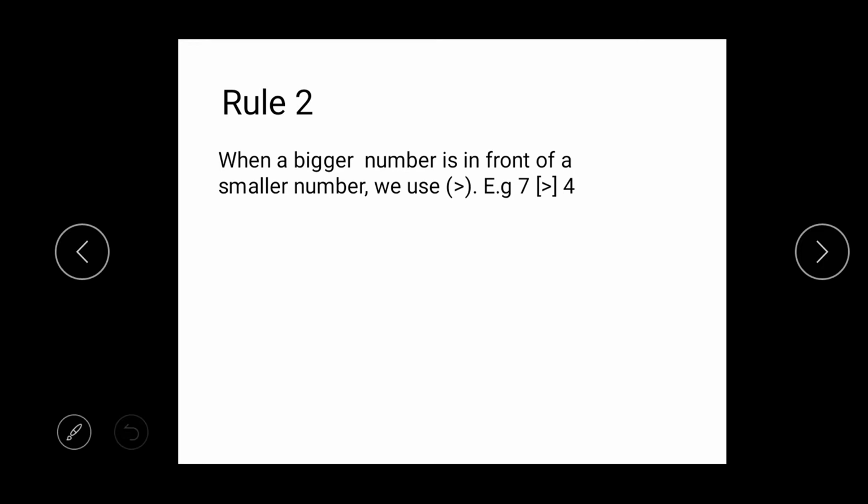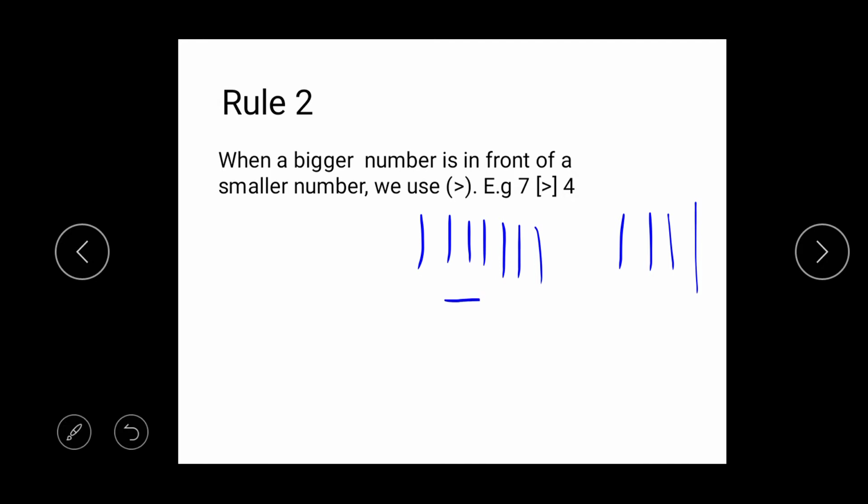Let's count: 1, 2, 3, 4, 5, 6, 7. And 1, 2, 3, 4. Which one is greater? 7, obviously. So we can say 7 is greater than 4. This is the sign for greater.